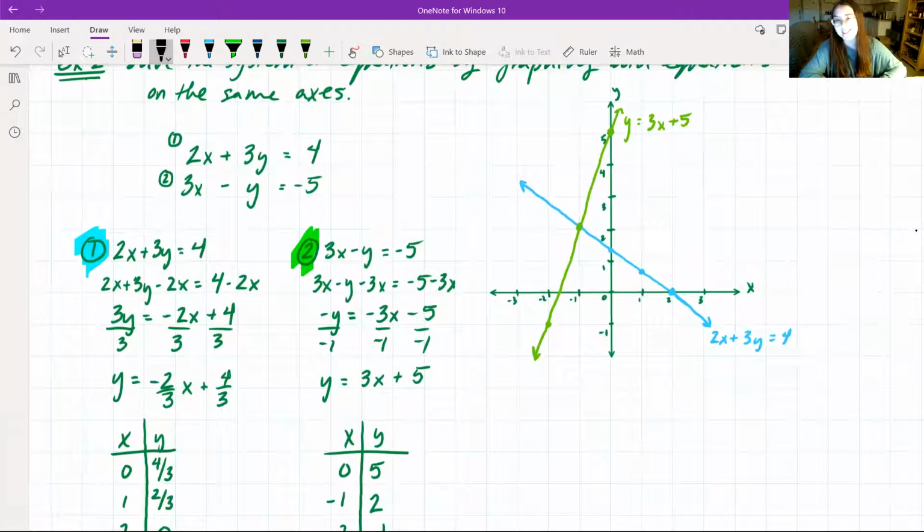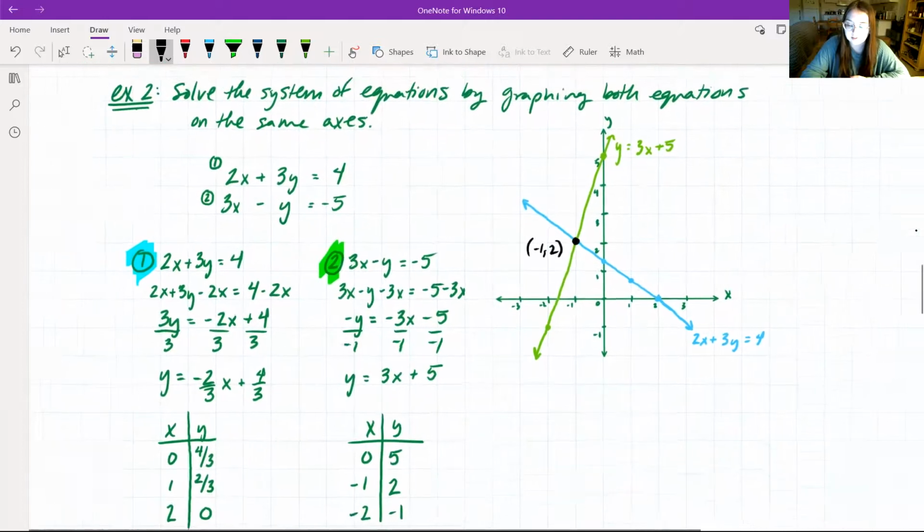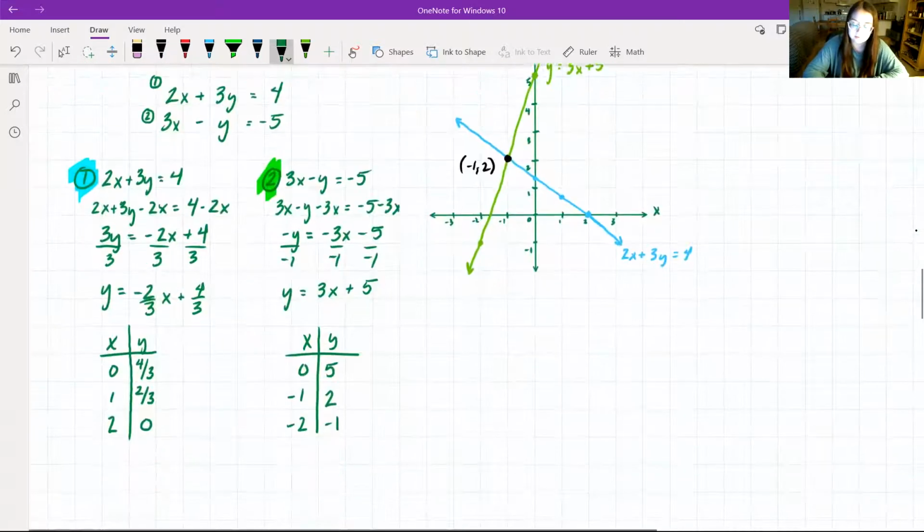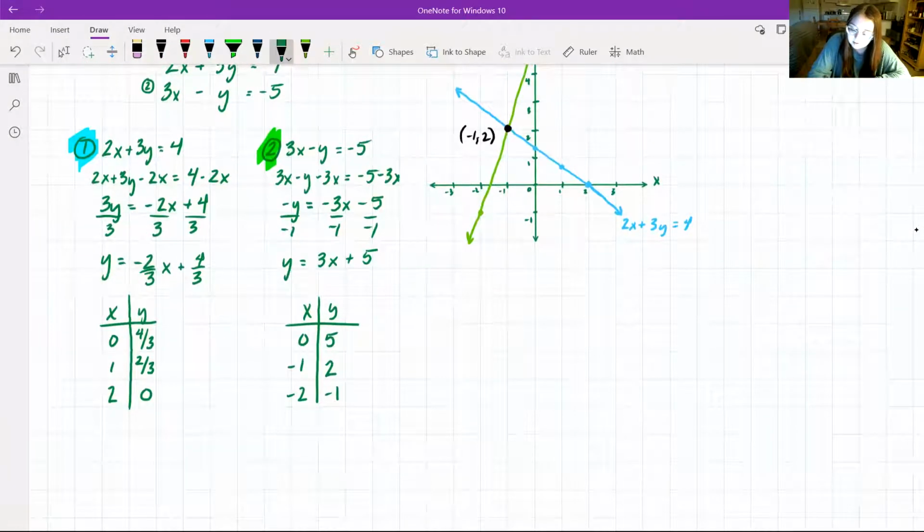And we see they do intersect. They intersect at the point -1, 2. So since we've shown that they intersect at -1 and 2, we want to say our solution set is the ordered pair -1 and 2.